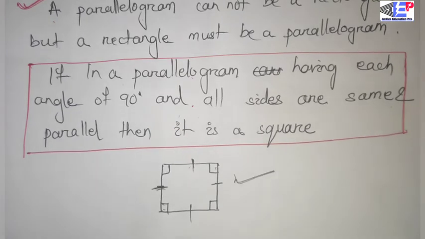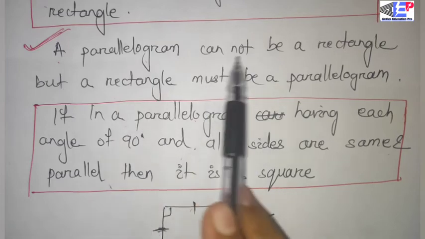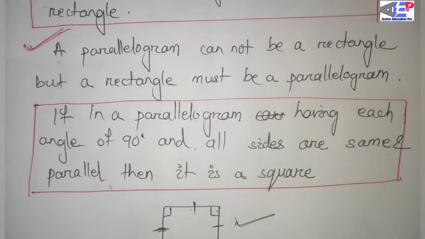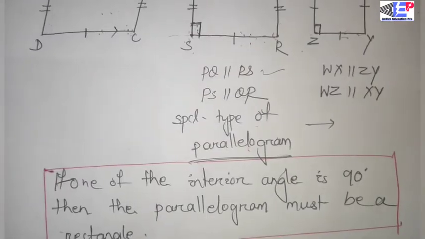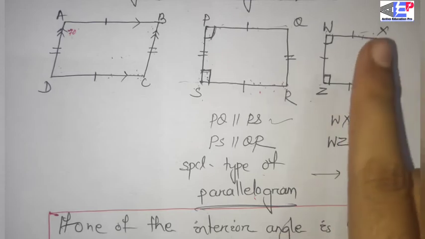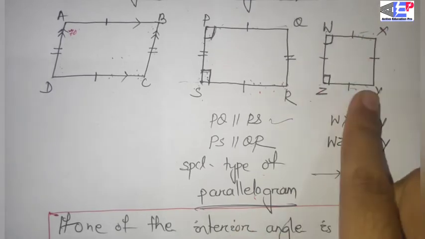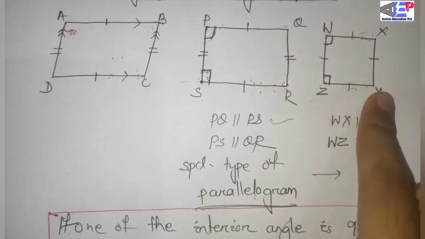So like the rectangle, for some conditions a parallelogram cannot be a square, but a square must be a parallelogram. Because look here, in square WXYZ, WX is equal and parallel to ZY, and WZ is equal and parallel to XY.